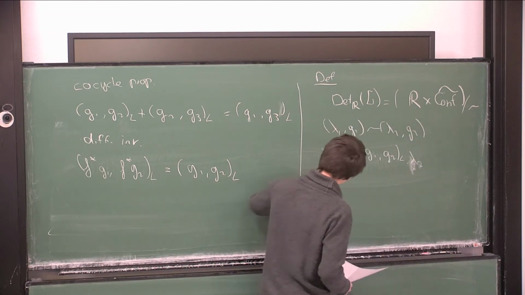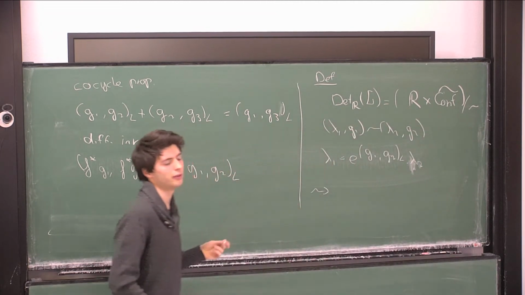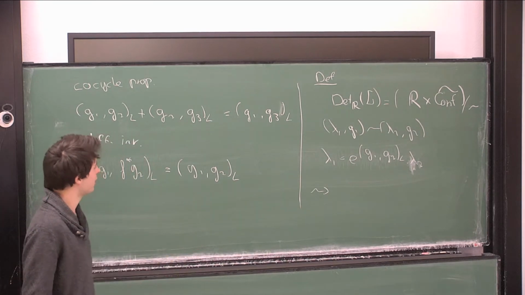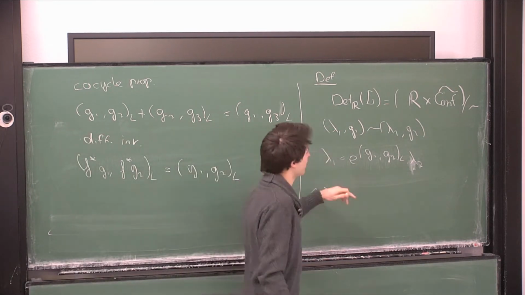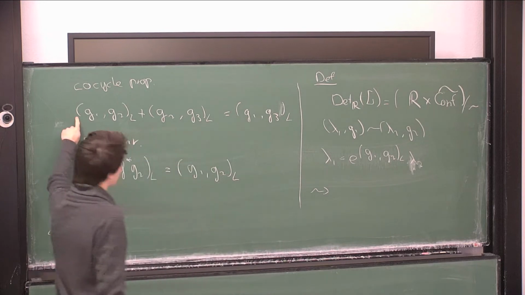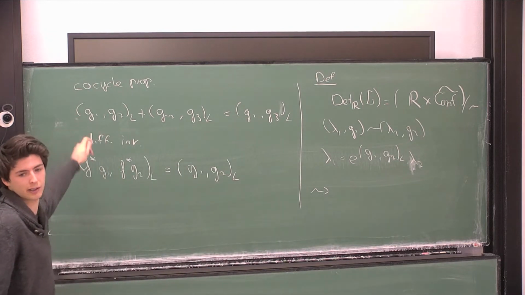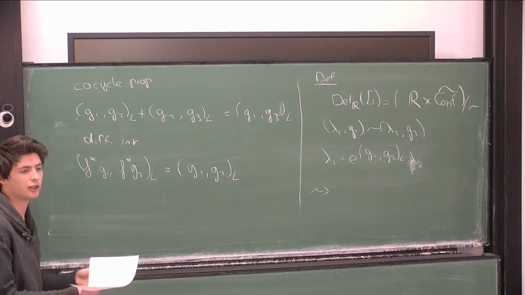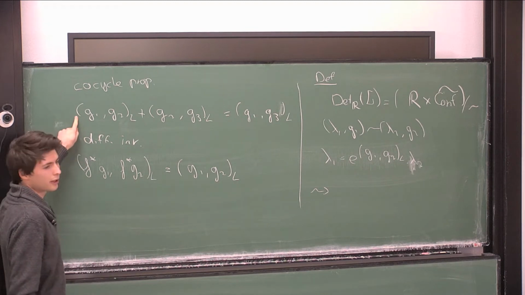And by this, we can have a one-dimensional vector space. This becomes a vector space with some addition which uses this cocycle property to be well defined. So the associativity of the addition, for example, comes from the cocycle property.